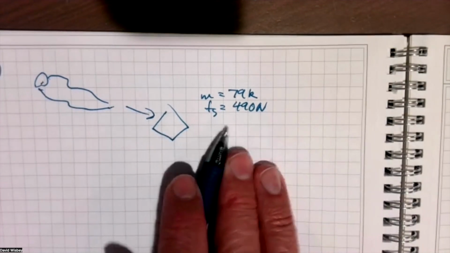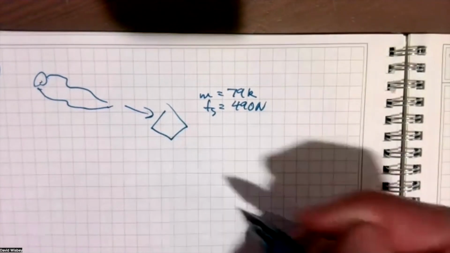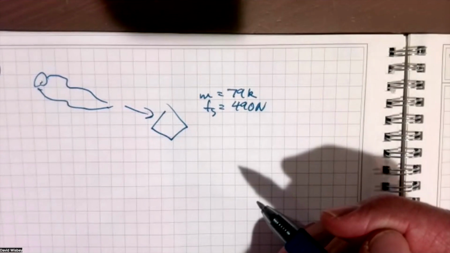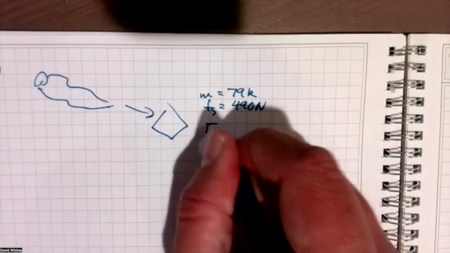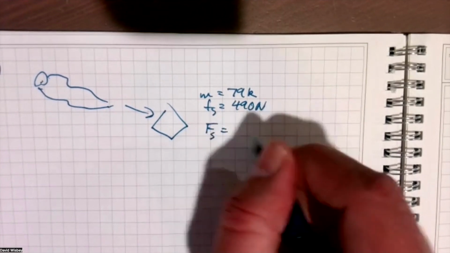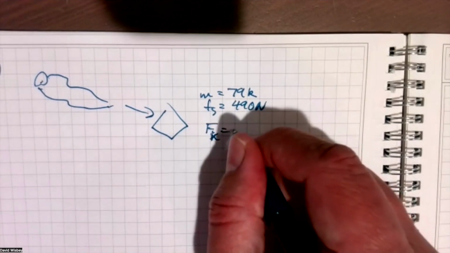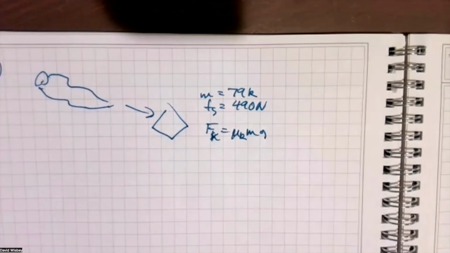Which equation should we use to solve this one? Someone tell me. What is the equation for friction? Or put it in the chat. All right. The only force acting on this guy to slow him down is the force of kinetic friction, which is going to equal mu_k times m times g.